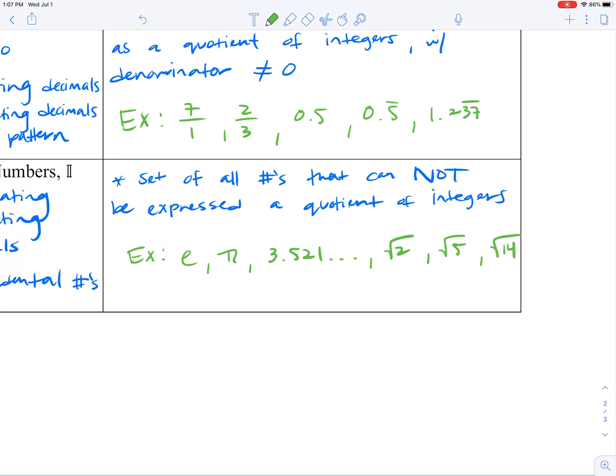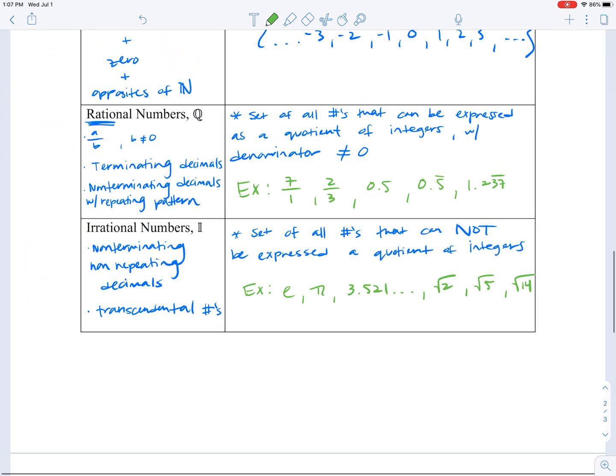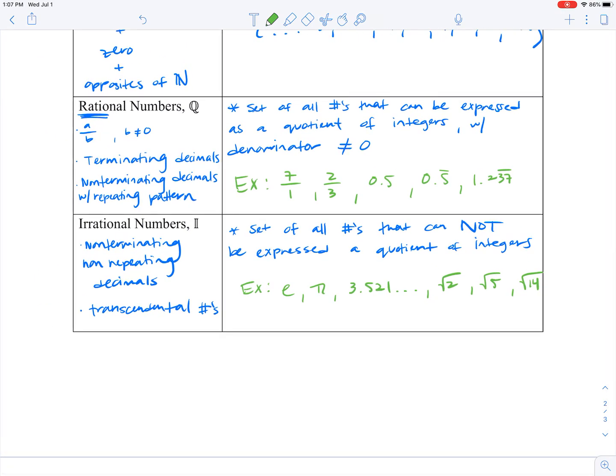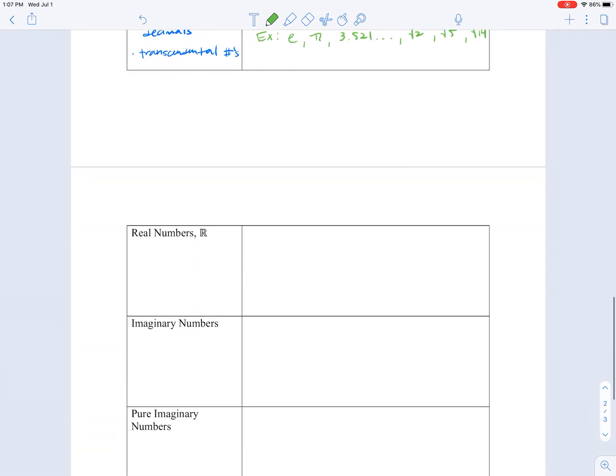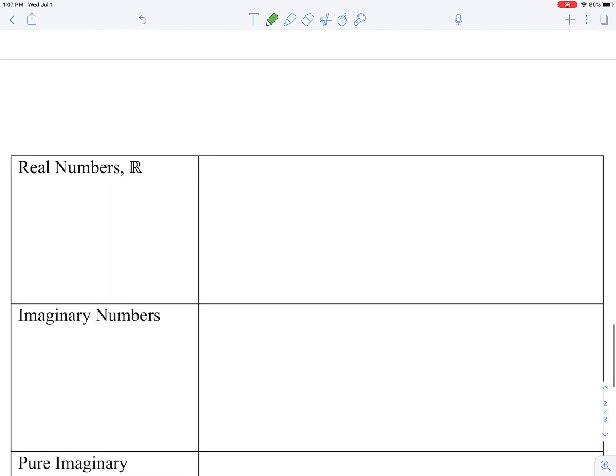The square root of any number that is not a perfect square, so like the square root of 5, the square root of 14, are all examples of irrational numbers.